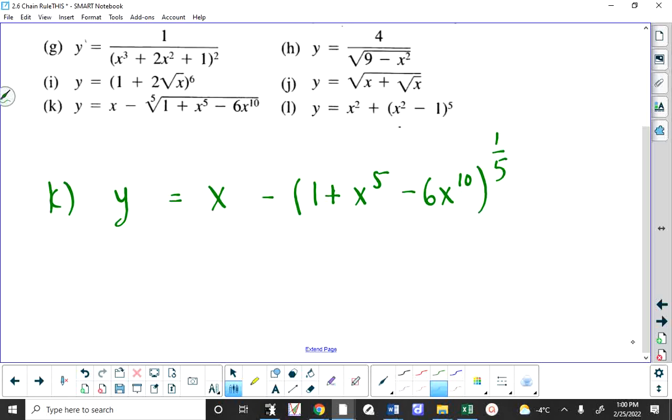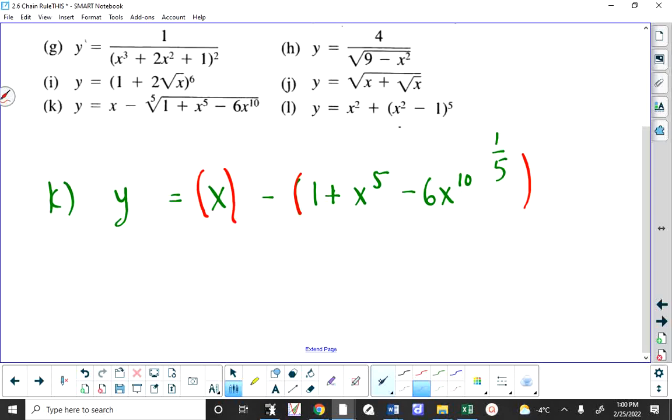And I want everybody to notice that what we have is a difference of things, right? If you want to be very pedantic about this, very picky, this is what we have. We have y is equal to x minus that other thing.